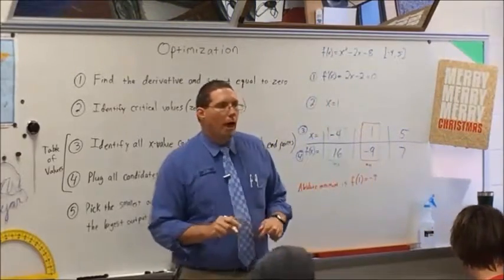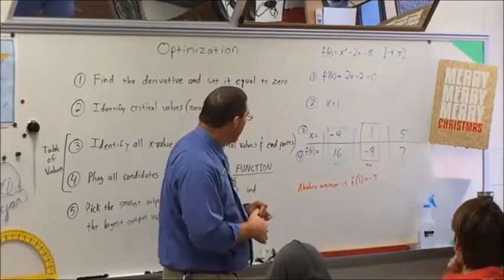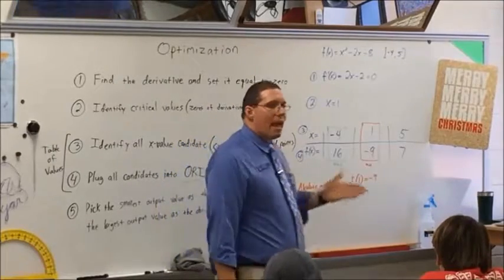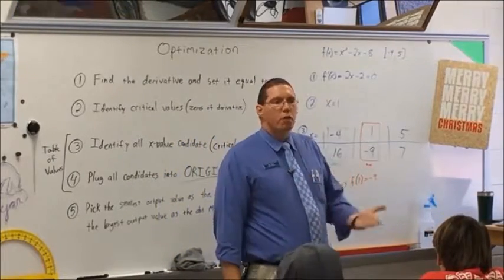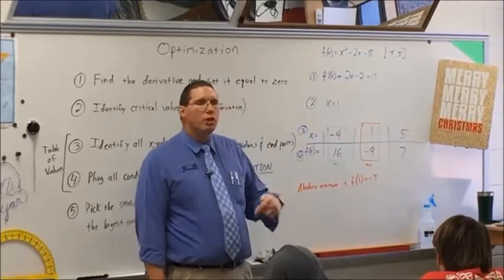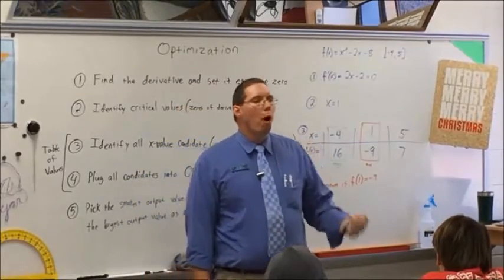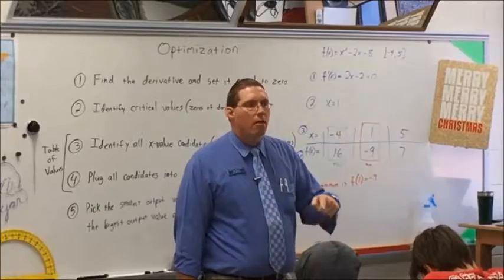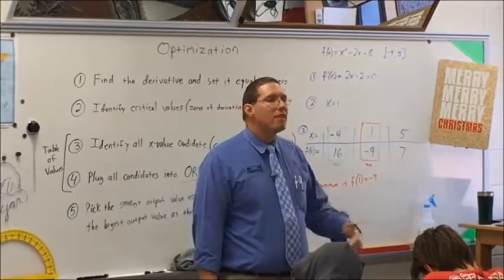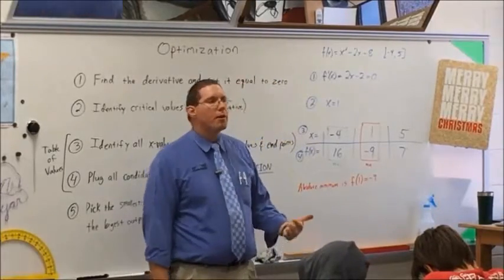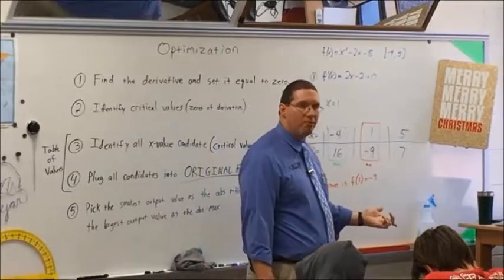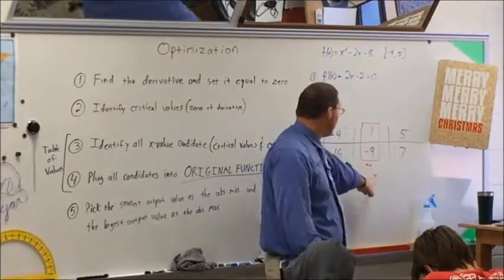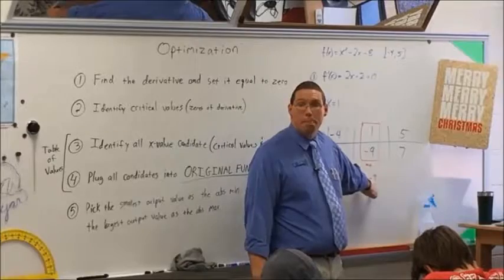Now let me explain why I wrote it that way. The question may ask you one of 3 things. The question may ask you, what is the absolute minimum? When they say what is the absolute minimum, they're asking you for the output value, which is negative 9. So the absolute minimum is negative 9.